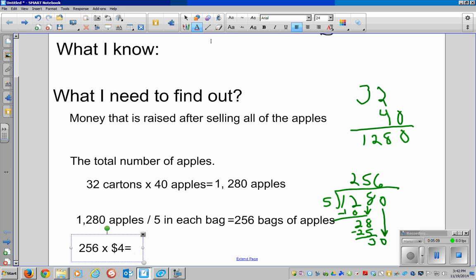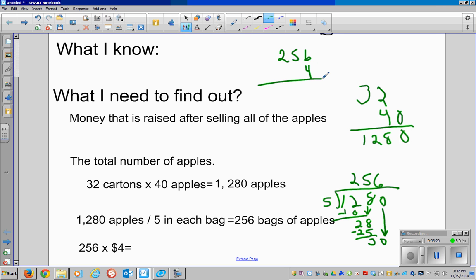So let's do the math on this one. I can scoot up to the top here. So 256 times the 4. Again, 256 being the bags of apples, the 4 being the $4. So 6 times 4 is 24. 4 times 5 is 20, plus 2 is 22. Carry the 2. Then 4 times 2 is 8, plus 2 more is 10. So 1,024.